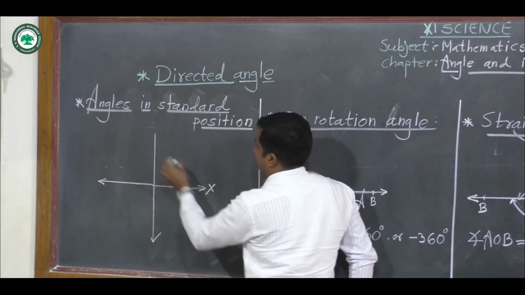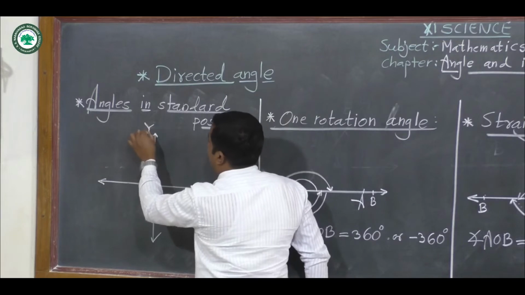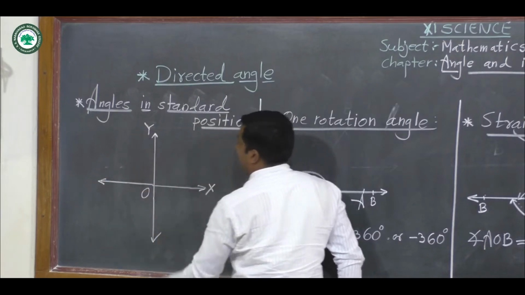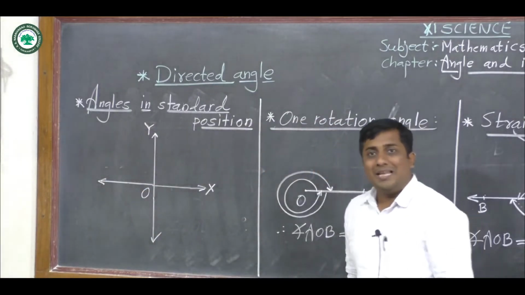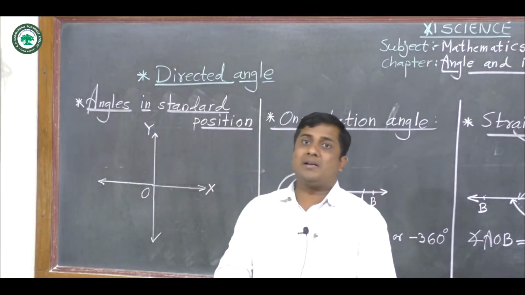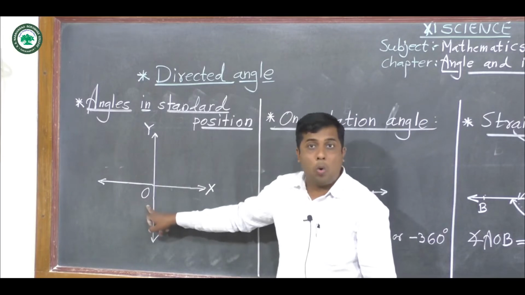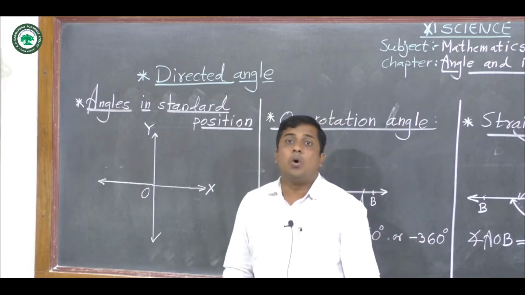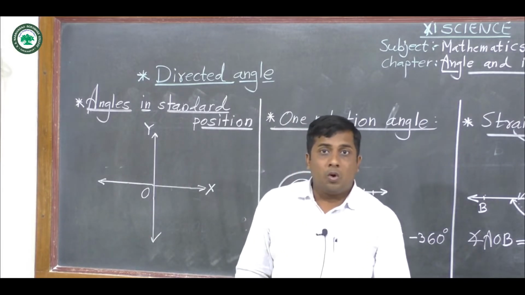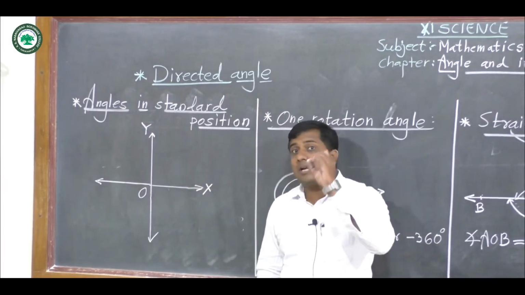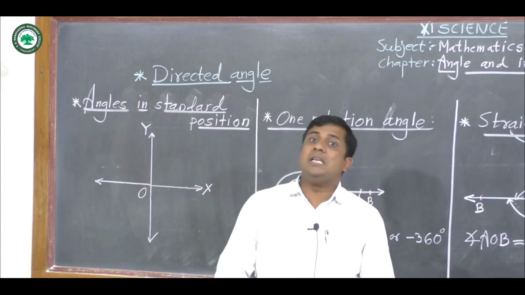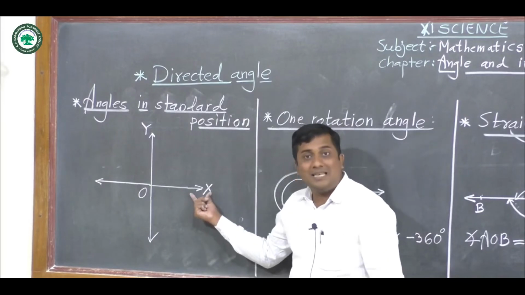This is our x-axis, this is the y-axis, and the origin is at O. In an angle in standard position, the vertex is at origin O, and the initial ray is along the x-axis.